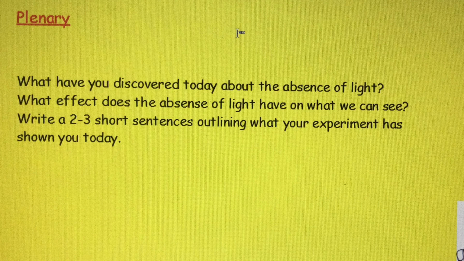If you did the shoebox experiment, think about what happened the more holes you added to your shoebox. If you did the den experiment today, have a think about what effect the torch had on what you could see. I really look forward to seeing all your photos of your dens and your shoebox experiments.